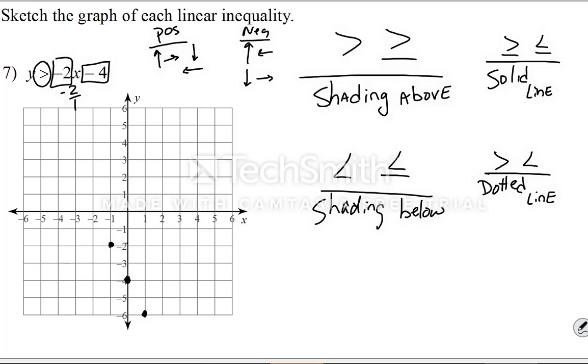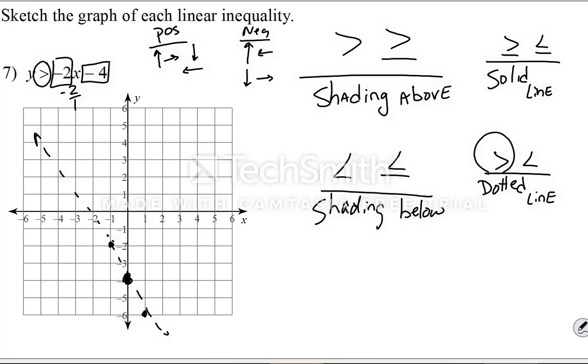Because of the inequality symbol being greater than, I draw a dotted line through, and then I look at the y-intercept, which is -4. It's what I graphed originally.